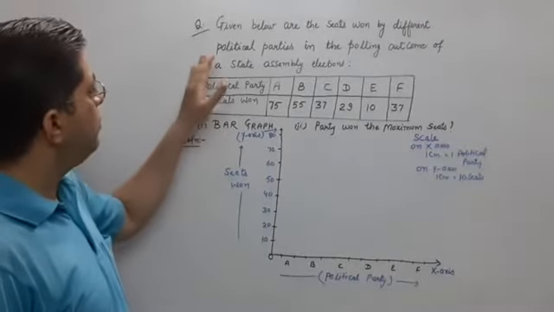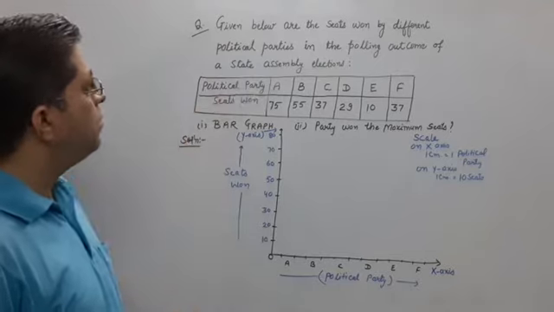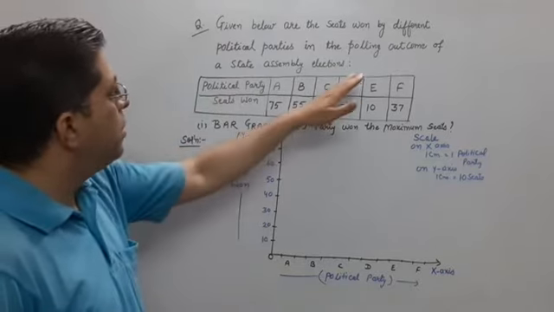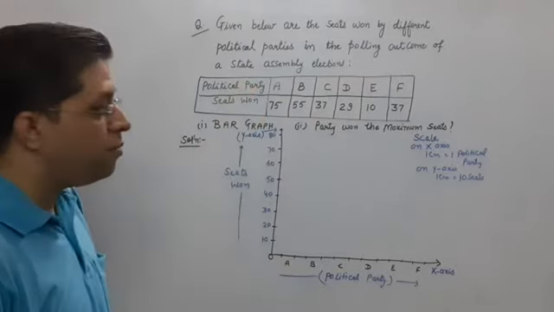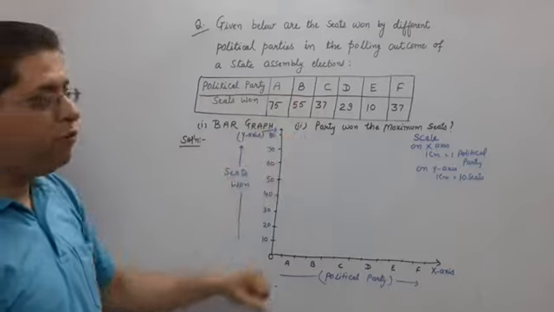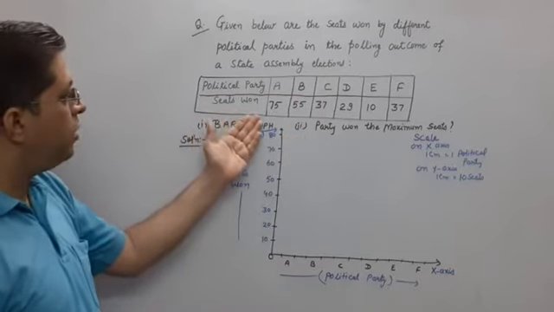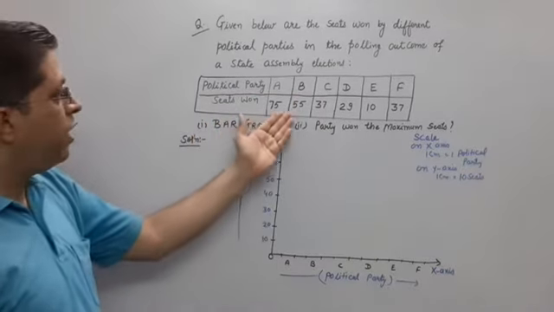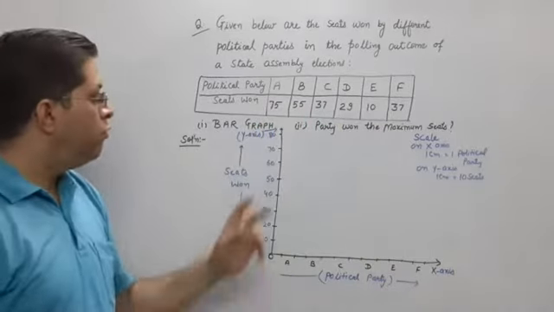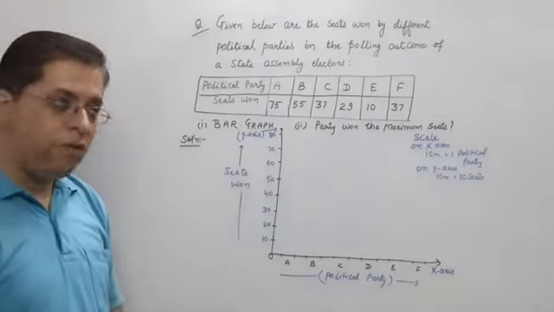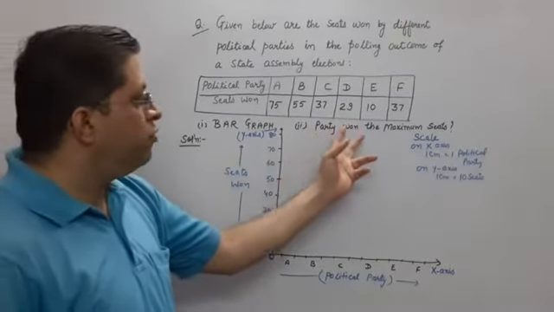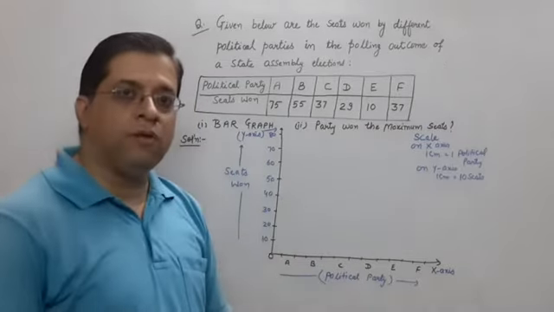Now the next question is: given below are the seats won by the different political parties in the polling outcome of state assembly elections. Political parties are A, B, C, D, E, F, and the seats won are 75, 55, 37, 29, 10 and 37. You have to draw a bar graph, and second, with the help of the bar graph, find which party won the maximum number of seats.